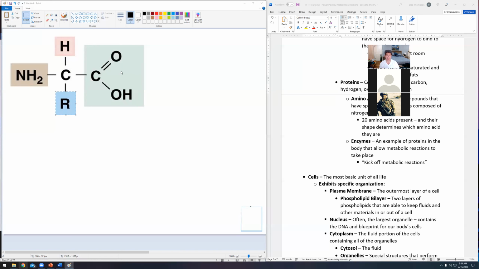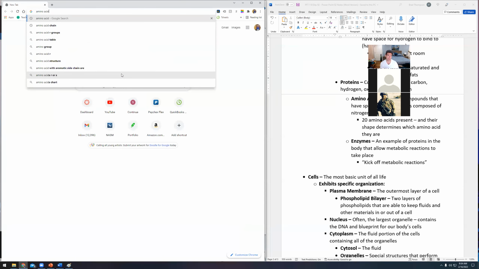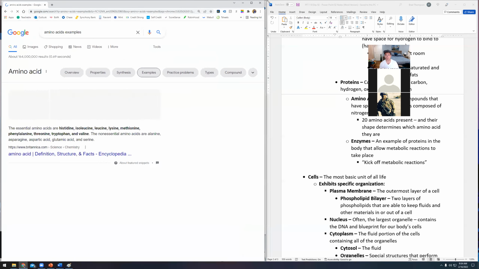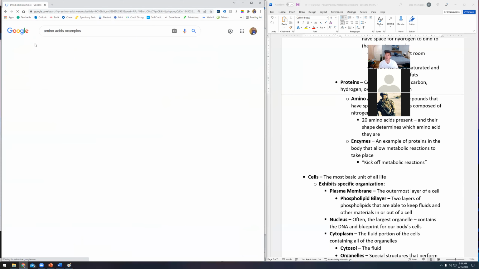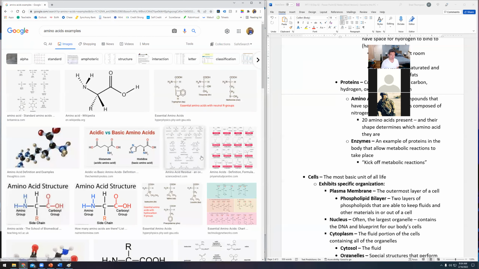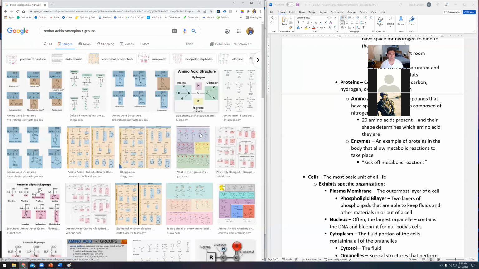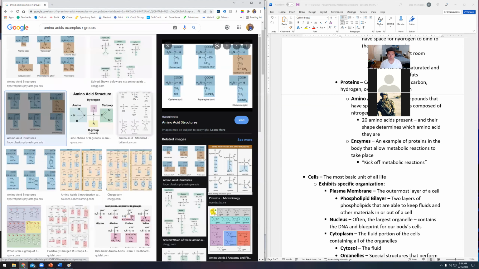If we look at the various amino acids, there's going to be 20 of them, and they're all going to have slightly different shapes in their little R group. Their little side chain looks a little bit different.